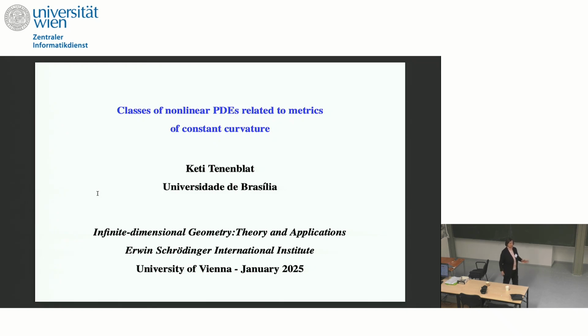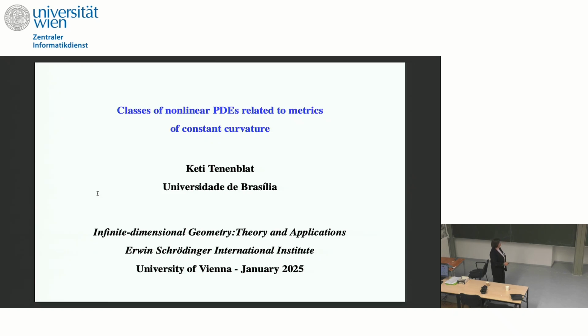Okay, I will start by giving some historical background on why -1 is important for differential equations, and then I'll give you some development of the theory up to the last year, let's say.